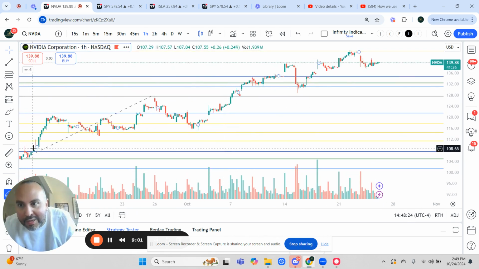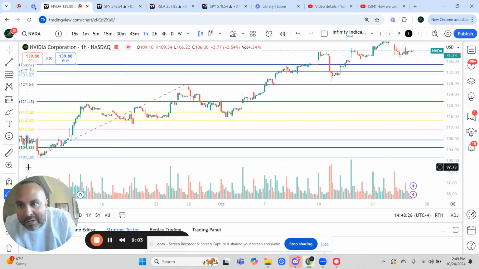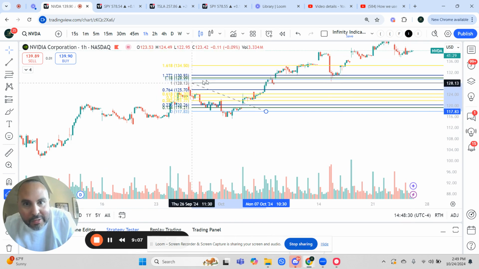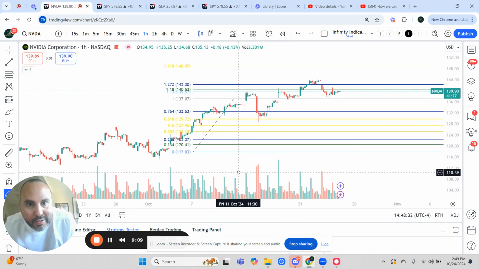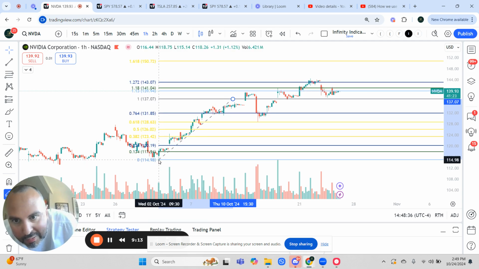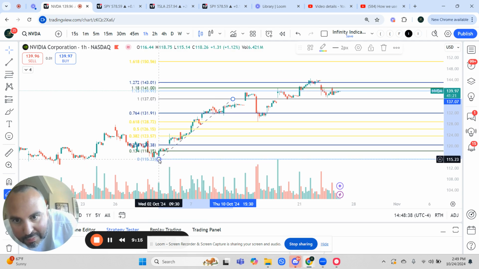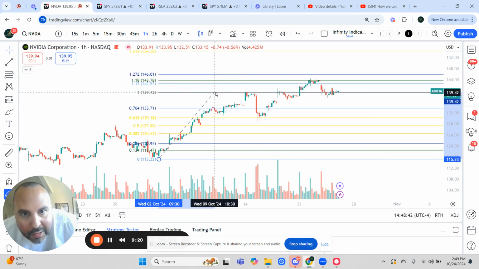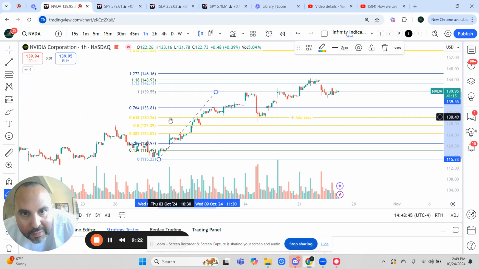Here, let's look at the higher low and the higher high over here, and let's see what happens. Okay. So here is our higher low, higher high. Okay.